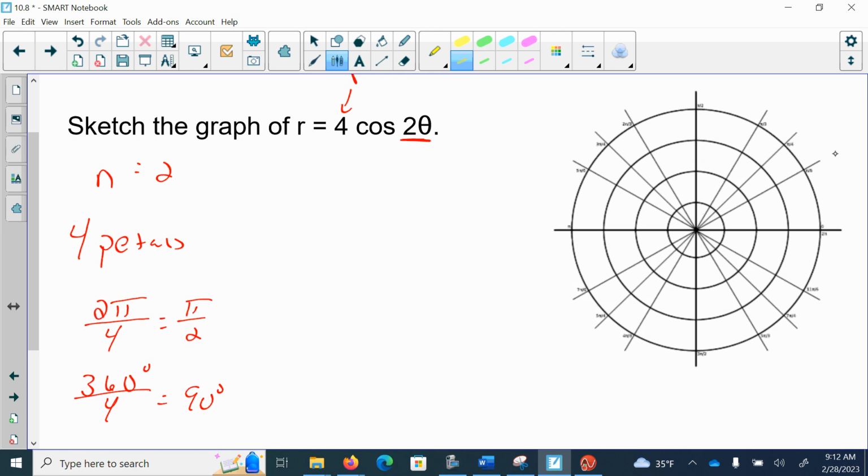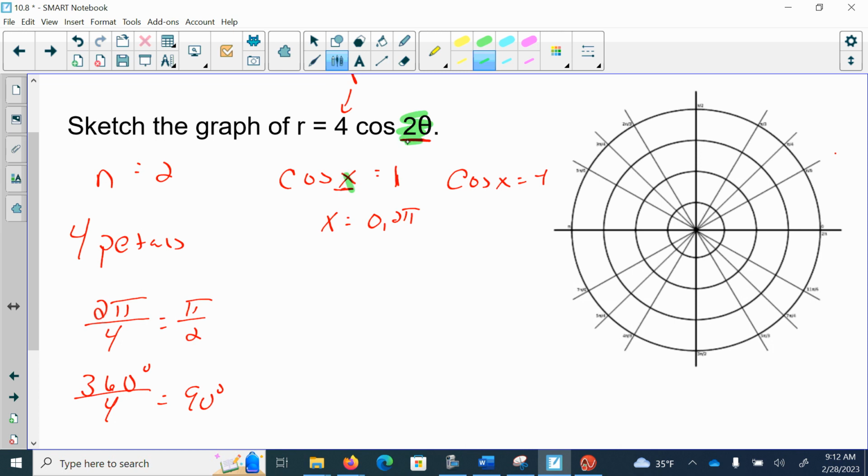All right, so my max and my min are going to happen when the cosine, I'm going to write x, purposely not writing theta, is cosine of x equal to 1 and cosine of x equal to negative 1. Those are the two places where my max and min will occur. So I ask myself, when does the cosine of x normally equal 1? Well, that normally happens when x is equal to 0 or 2 pi. The problem is I don't have x, I have 2 theta.